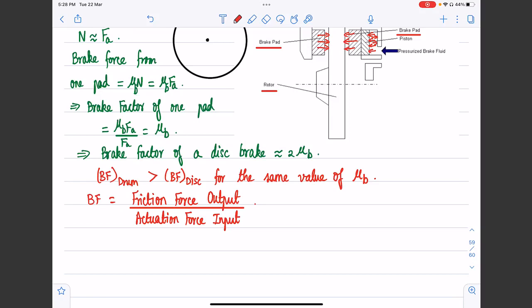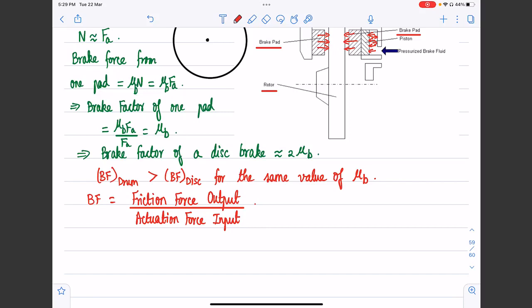Sir, because of the surface area, whatever we are applying the pressure, contact. So what about surface area? Yeah, there is a point contact kind of thing on the drum brake, but that is an approximation. Let me clarify.